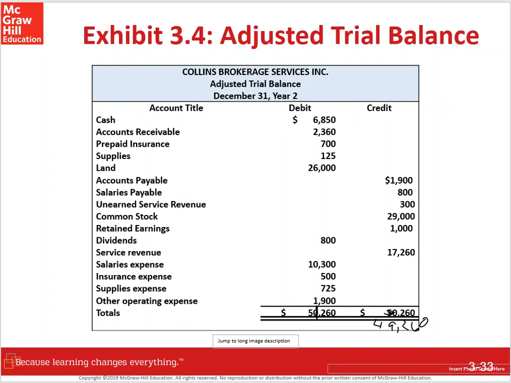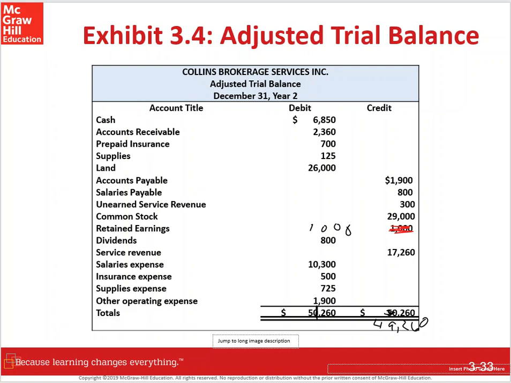In my example here, essentially what was happening is that we accidentally put the 1,000 of retained earnings in the debit column. And that would create a $2,000 difference, because we're increasing our debits and decreasing our credits by 1,000 each, creating this difference of 2,000.